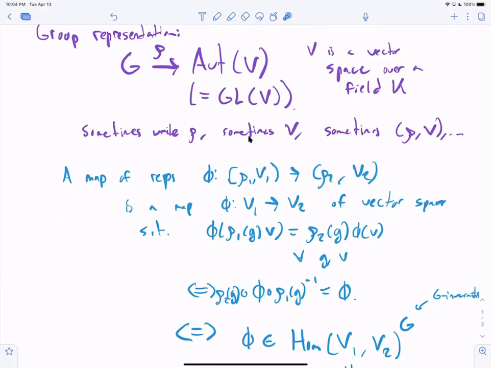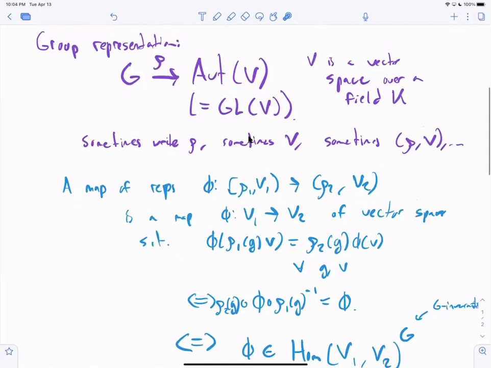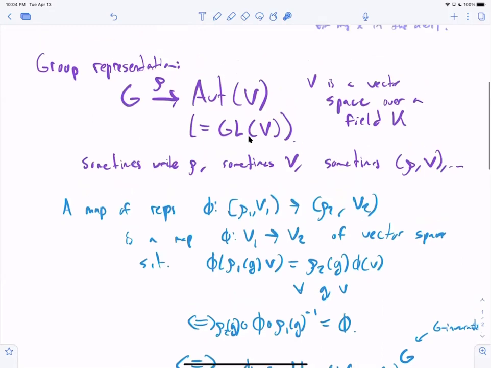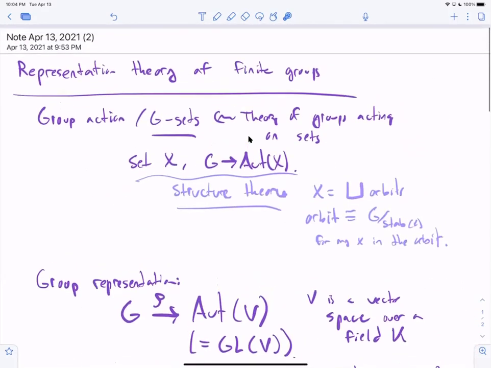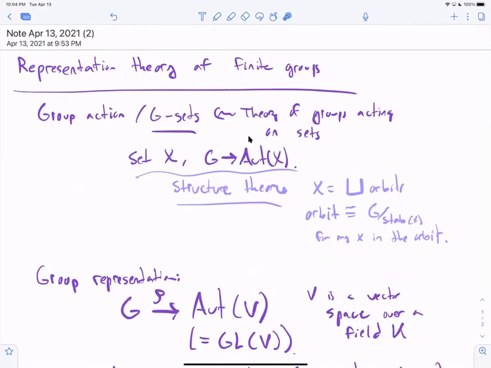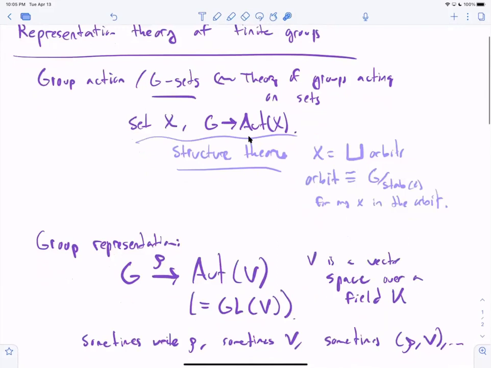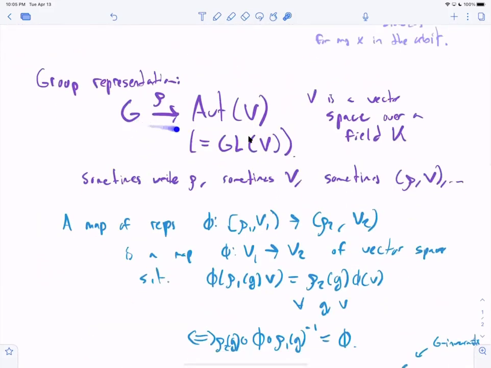We want to understand what its building blocks are, just like we studied the category of finite groups and saw that simple groups are the building blocks. Like the category of modules, where for a fixed principal ideal domain we studied the category of modules of a PID. Or for a fixed group G, we studied the category of G sets. Now for a fixed group G, we want to understand its category of representations.